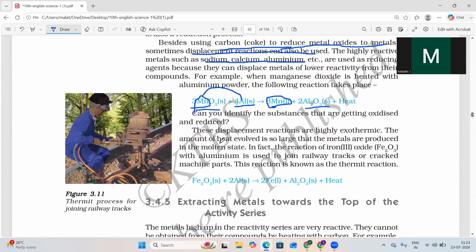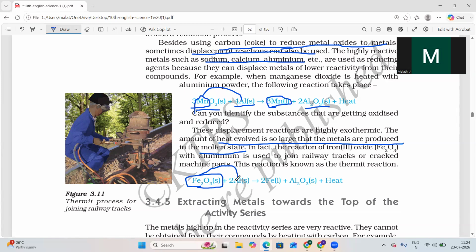One more thing: these displacement reactions are highly exothermic. A large amount of heat is produced in this displacement reaction. One example we can take is iron oxide. Aluminium is more reactive, so we use aluminium as a reducing agent here.